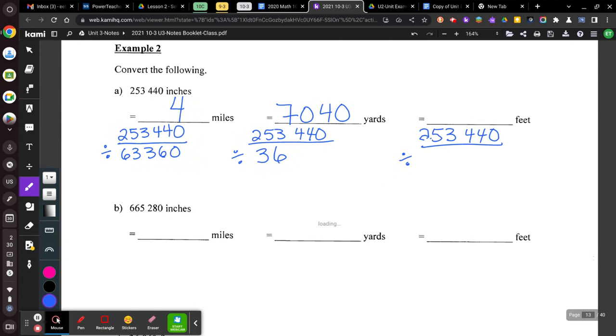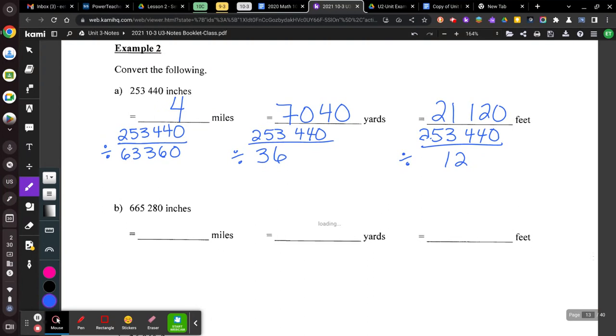And now we're going to feet. So this time we're going to divide by 12 because inches to feet is a 12. So we're dividing by 12. That's going to give us 21,120 feet. Okay? So some of the numbers you have to divide, some you have to multiply. It depends on which way you're going in the chart, either up or down.